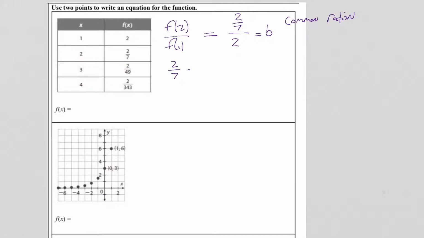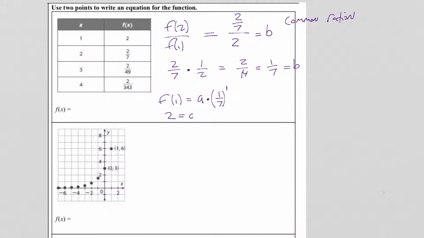So 2/7 divided by 2 is the same as 2/7 times the reciprocal of 2, which is 1/2. So that's equal to 2/14, which is equal to 1/7. So B is 1/7. And I know f of 1 is equal to A times 1/7 to the first power. And f of 1 is 2.